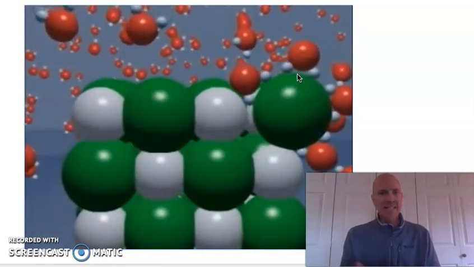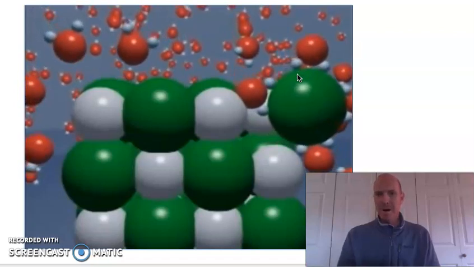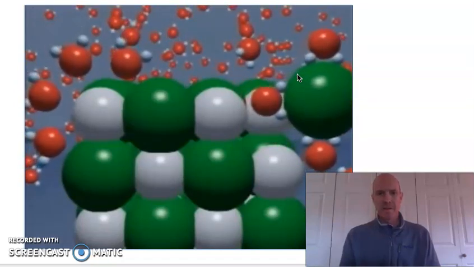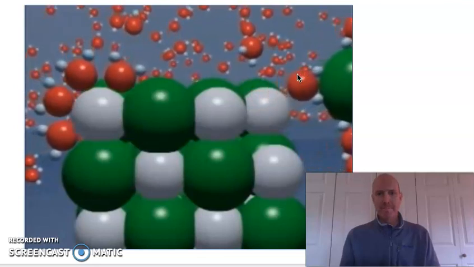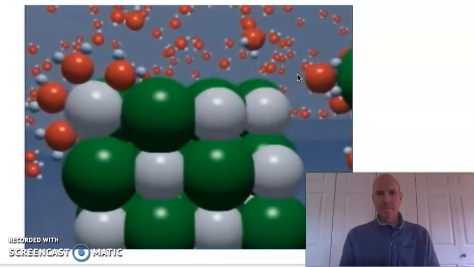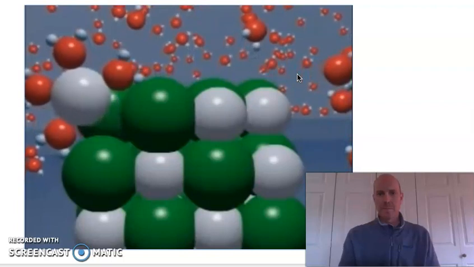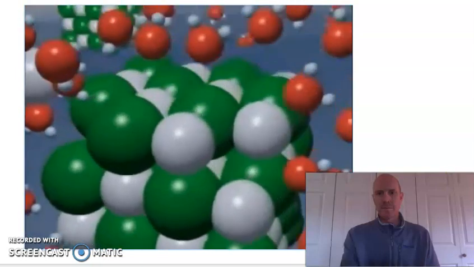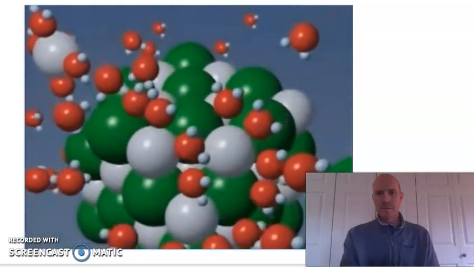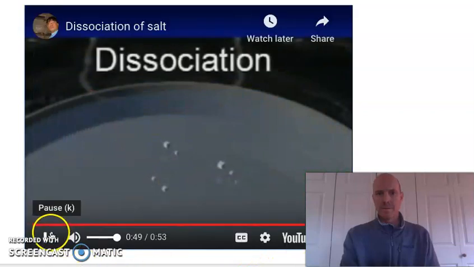Just like magnets. Likewise, the oxygen ends of water molecules are attracted to and surround the positively charged sodium ions. The hydrated ions drift away into the solution, allowing new water molecules to surround newly exposed ions. Gradually, the entire crystal dissociates into solution.